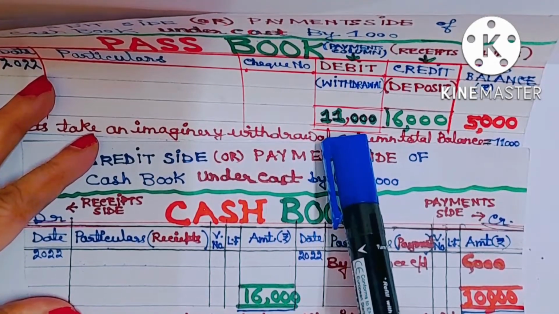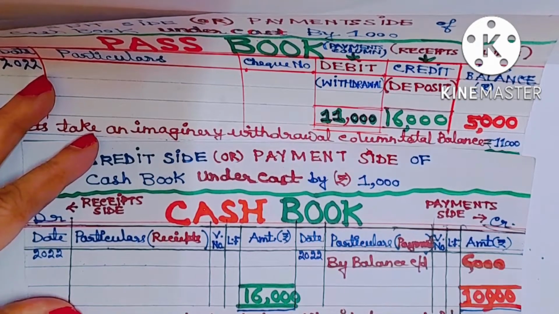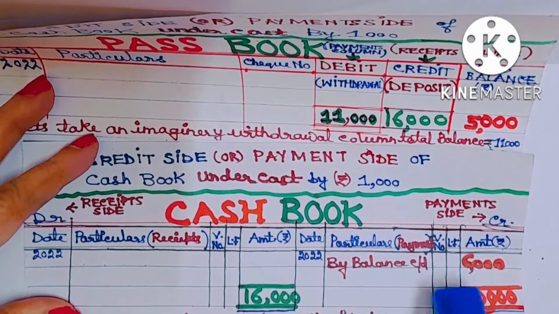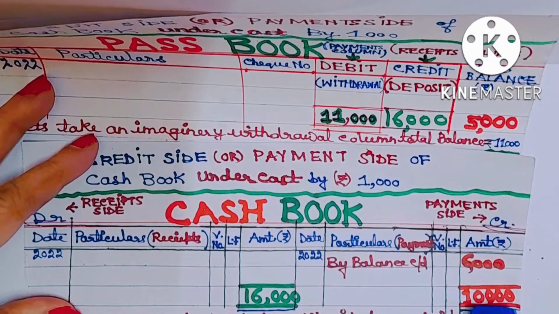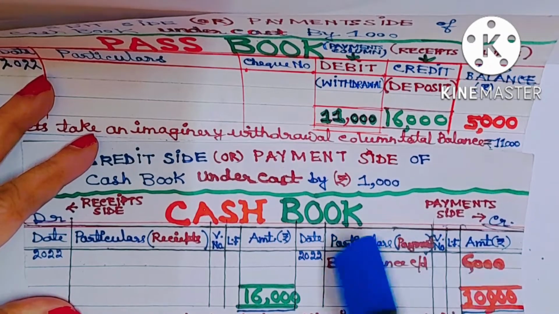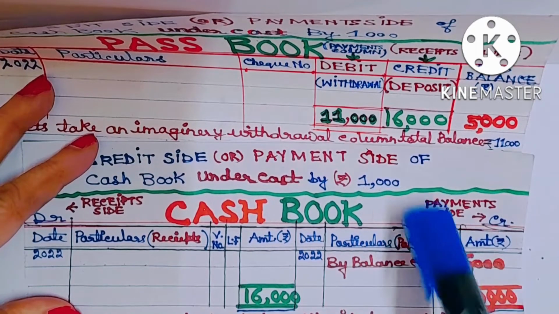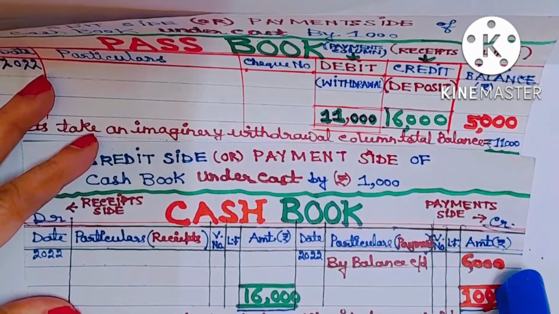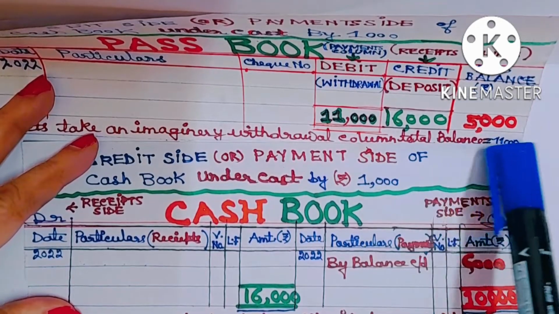But the credit side or payment side of the cash book is equal to 10,000, which is incorrect. Because the credit side or payment side of the cash book has been undercast by rupees 1,000 by the businessman by mistake. Okay. So the cash book balance is more by 1,000 and the passbook balance is less by 1,000. Cash book balance is 6,000, passbook balance is 5,000.